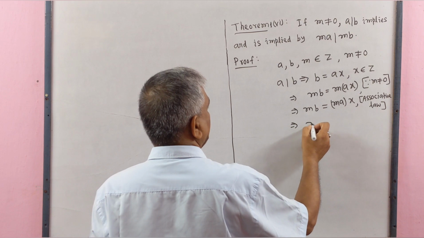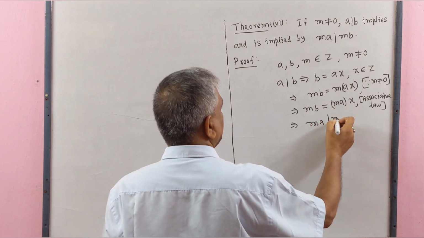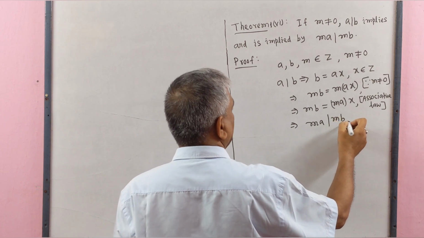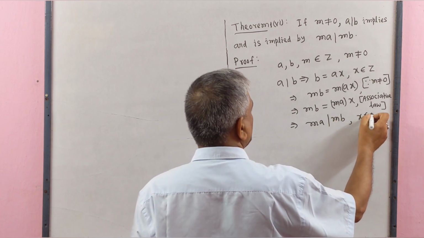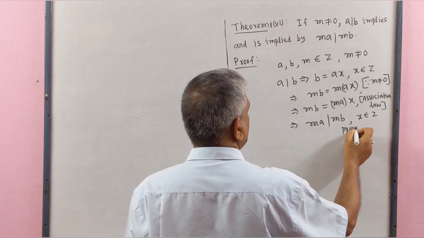This implies that MA divides MB since X belongs to Z. First part proved.